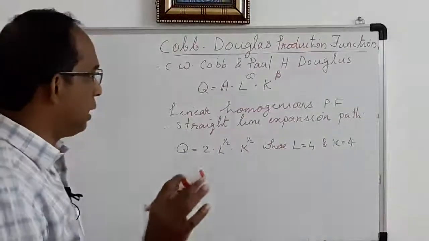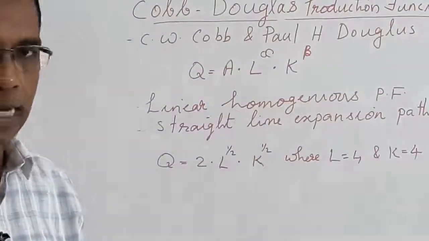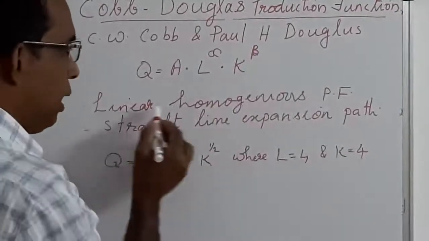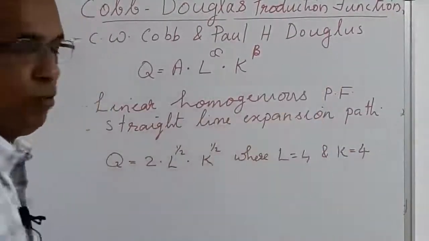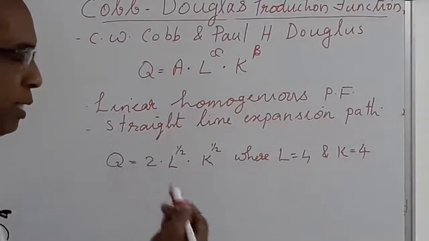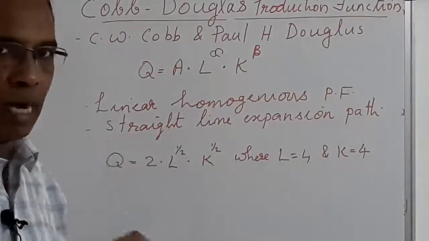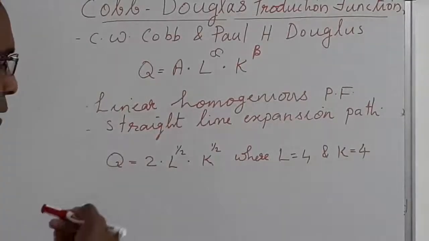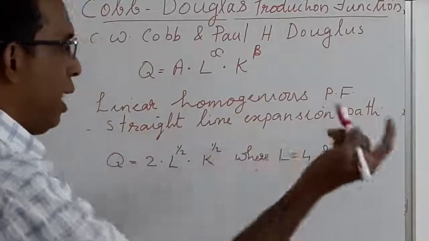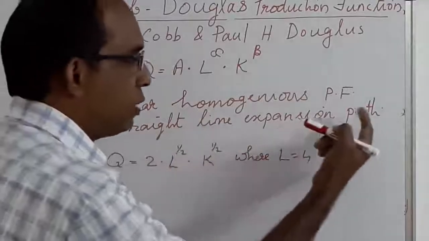And the most important property of the Cobb-Douglas production function is that it is a linear homogeneous production function. That means when the firm expands production, using more and more units of labor and capital, the expansion path of production lies on a straight line. That means this production function has a straight line expansion path.